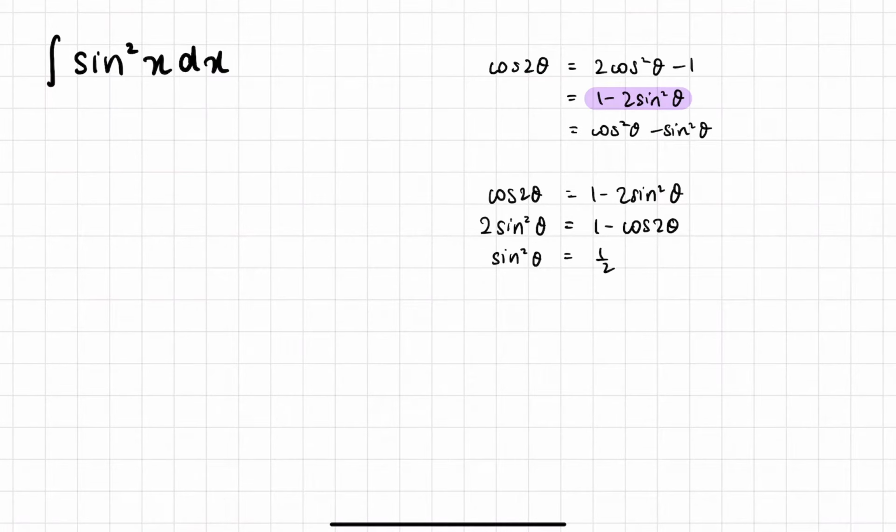Let's write it like this: half times 1 minus cos 2 theta. Now we can replace the question on the left. Instead of integrating sine squared theta, let's integrate this. Actually, I should change these to x's, not thetas.